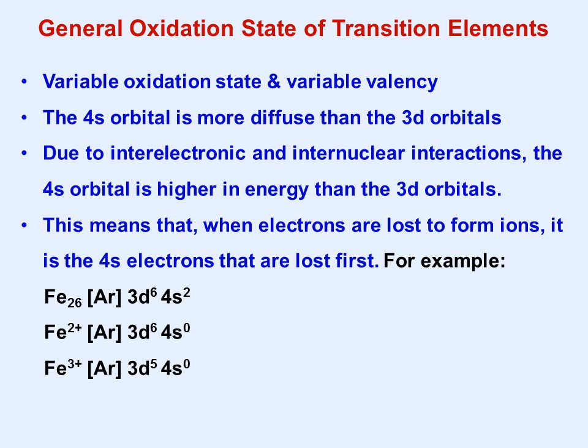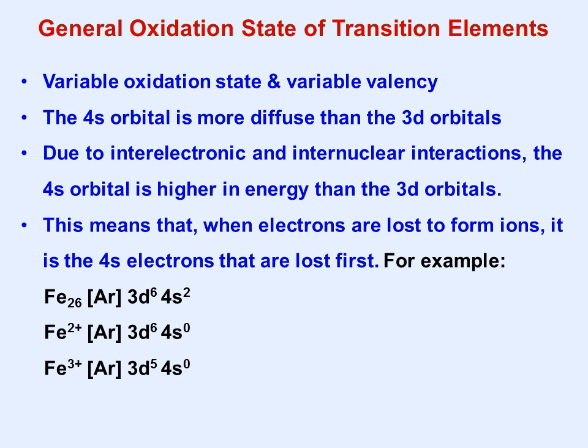For example, if we write the ground state electronic configuration of iron 26, that is 3d6 4s2. Now, when iron forms its di-positive cation, that is ferrous ion, then in this formation, first these 4s electrons get lost and the formation of di-positive cation of iron takes place.